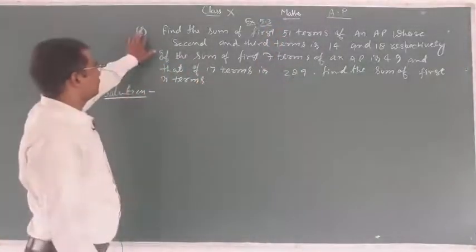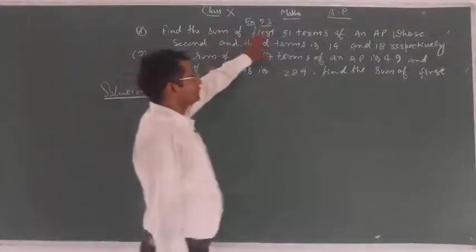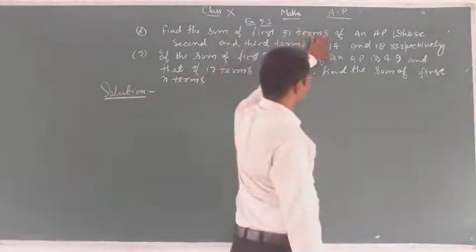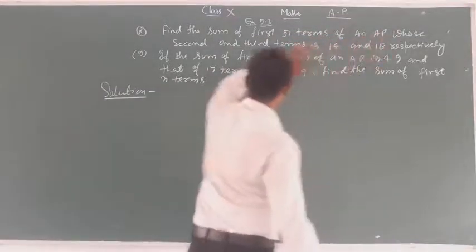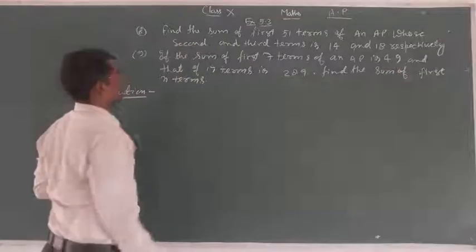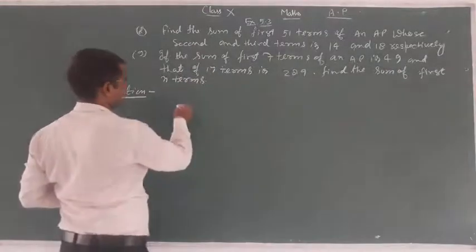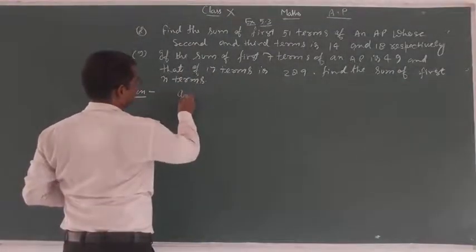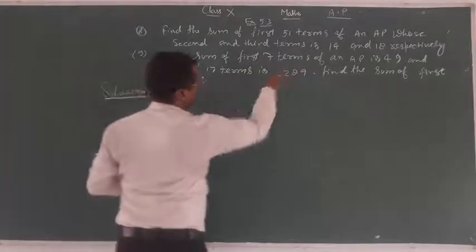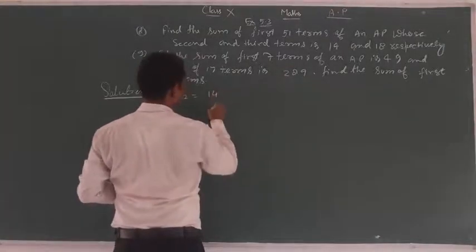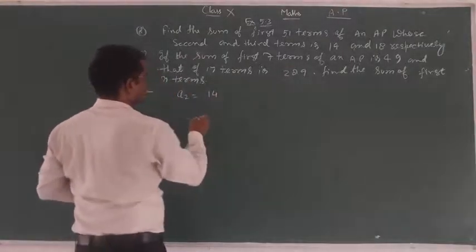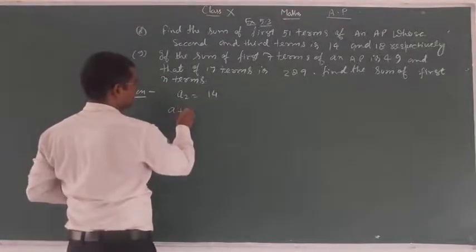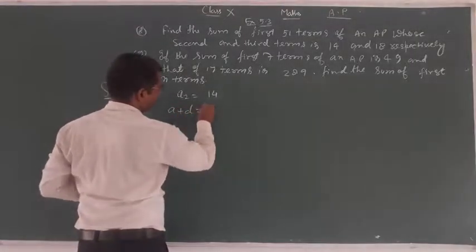So question number 8: find the sum of first 15 terms of an AP whose second term A2 is equal to 14. So A plus D is equal to 14.